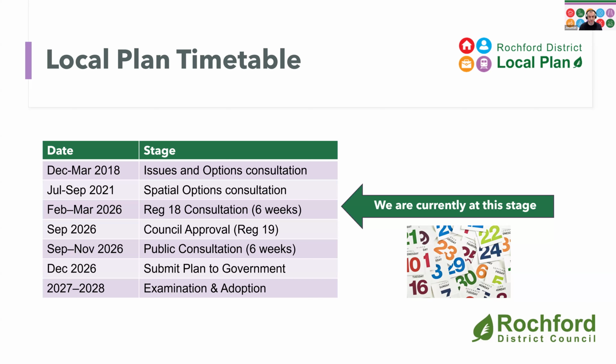So clearly there's a need for that, and we're in a very similar position to a number of our neighbours and other authorities across the country. Post that, we'll be in the examination phase and working towards hopeful adoption. Clearly that is in the hands of the planning inspectors once it has been submitted.